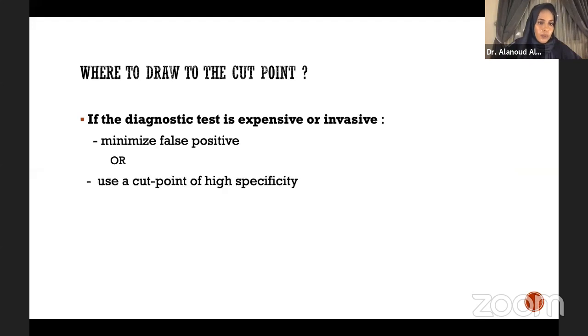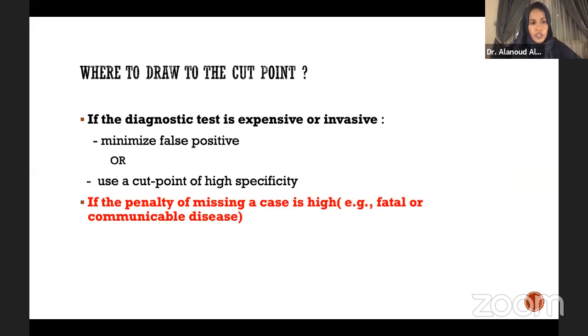Meaning, I want the cut point to be high and I want my test to be highly specific. On the other hand, these are very important questions you ask yourself, because the performance of a diagnostic test depends on what you want from the test. It's not just, I'm going to run this test. No, what do you want to answer and what do you want to get from this test? This is a very important concept.